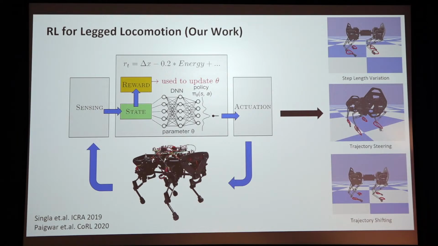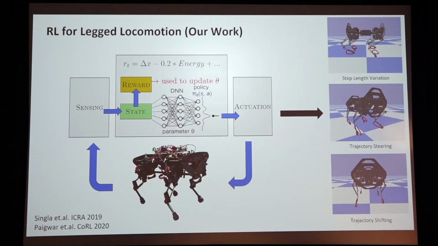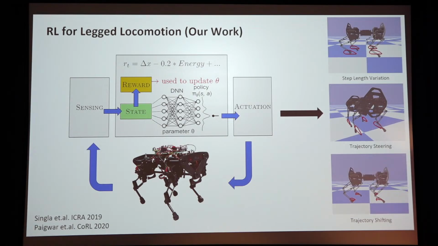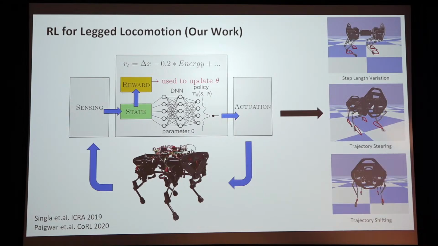So in the reward structure, what is the energy term? There is something called cost of transport, the energy taken to move from one place to another. So the energy is mechanical energy, not electrical. So it's the absolute value of tau times joint velocity, the torque, summed over joints. And what is delta x?